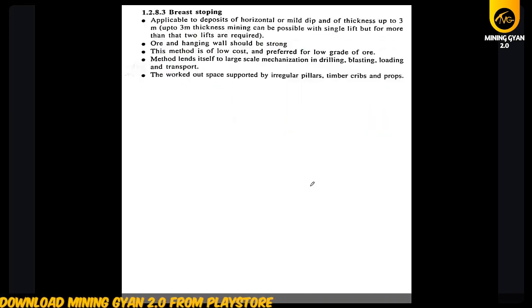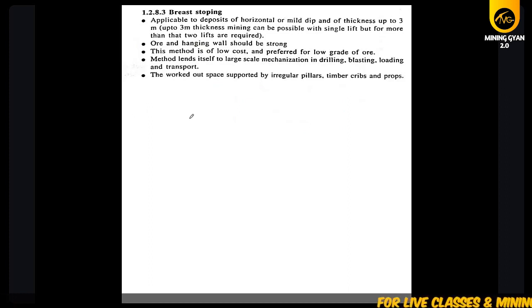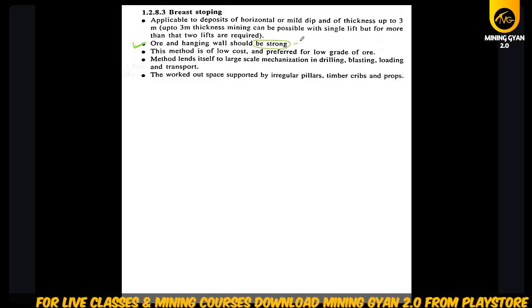Come to the breast stoping method. What is breast stoping method? First, let me discuss the applicability. In this method, we need a strong ore body. So, ore and hanging wall should be strong.